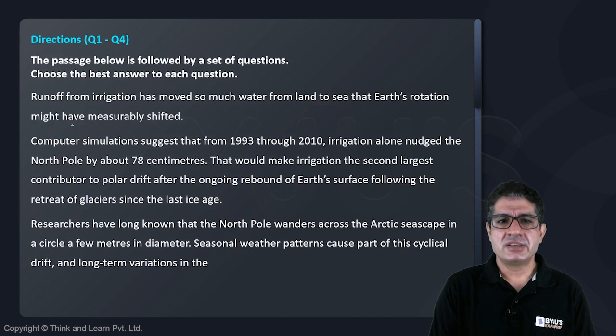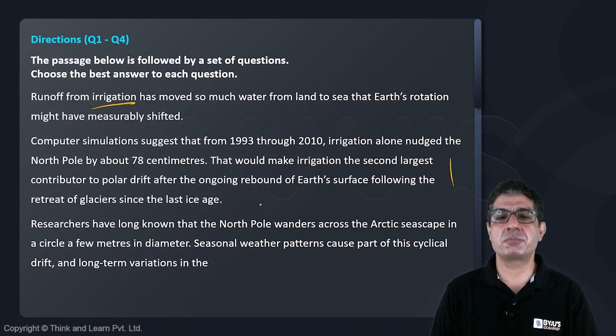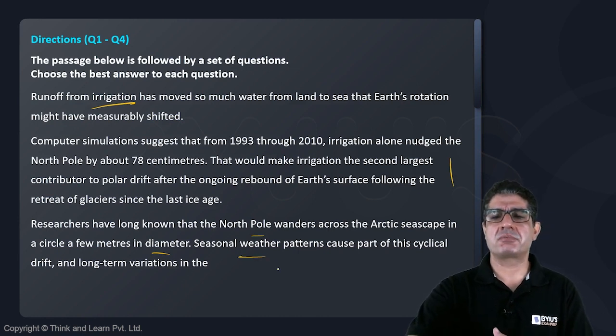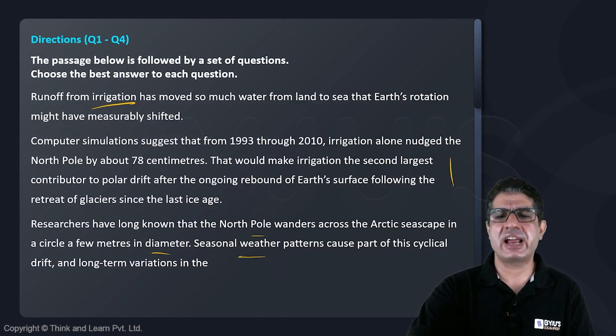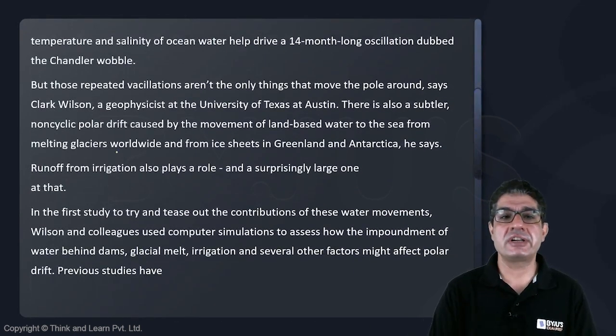You get to know of all of those different things. So right off the bat, irrigation. Then there is a computer simulation that tells you how much the drift must have been. Thereafter, you have the North Pole wandering across a few meters in diameter. Seasonal weather causes part of this cyclic drift, and long-term variations in temperature and salinity, often dubbed the Chandler wobble.